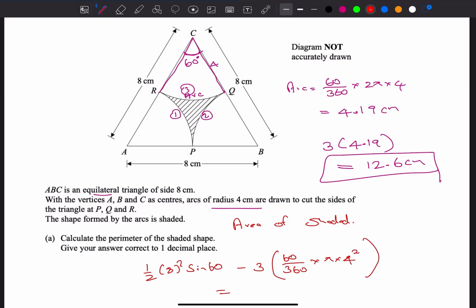And that will be the area of that shaded part here. Which will give you 2.58 centimeters squared. That's for the area. I know they haven't asked it on this part here, but yeah.